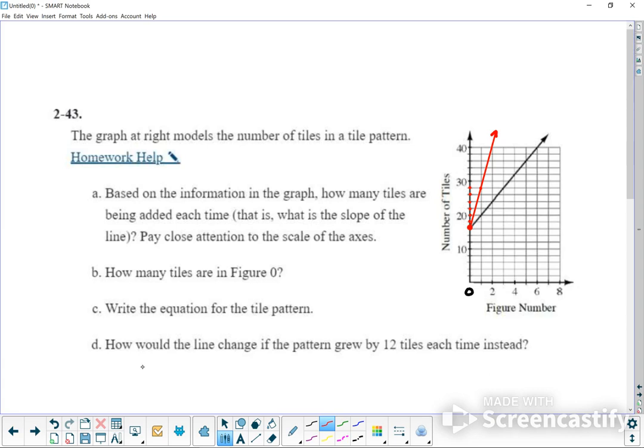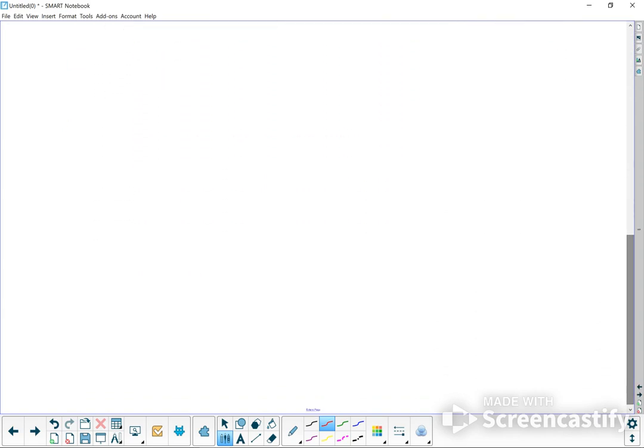So I would say the line would be much steeper. Okay, I guess that's it.